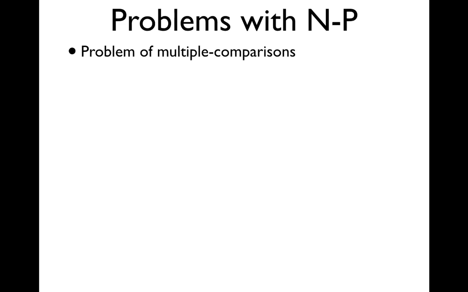Who knows about the problems of multiple comparisons? Does the phrase multiple comparison mean anything to you guys? All right. Well, in a very similar way that I described that you can always get a p-value of less than 0.05 as long as you just keep collecting data, if you have a lot of comparisons to make within a given data set, so you're not going to collect any more data, but you've got lots of variables that you compare 2 groups on.